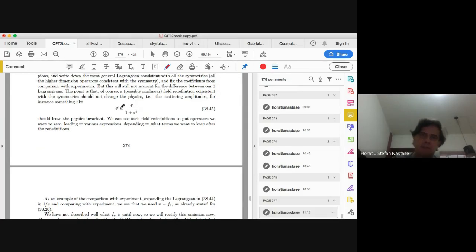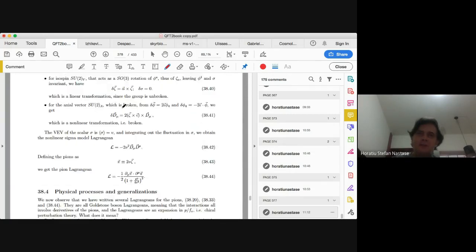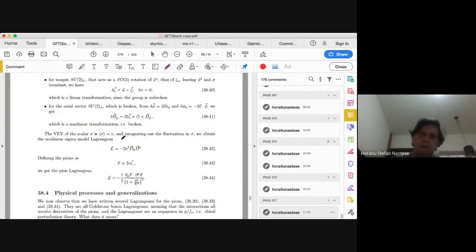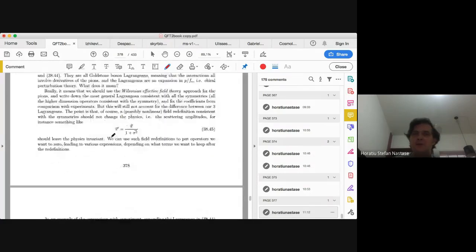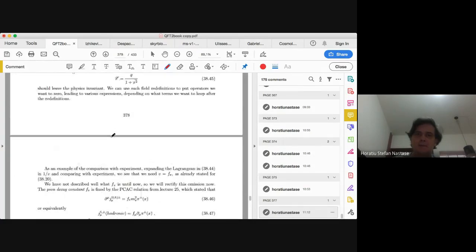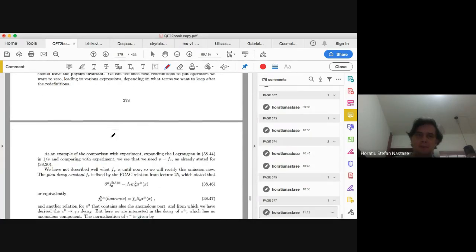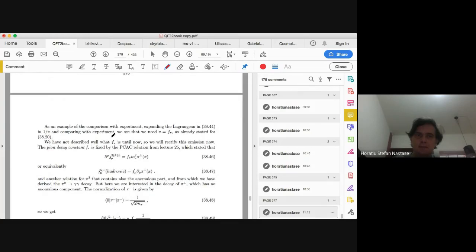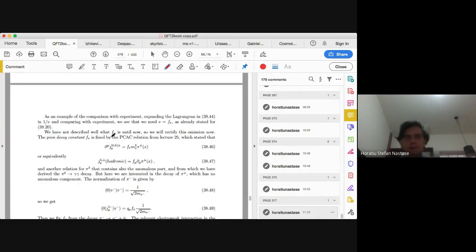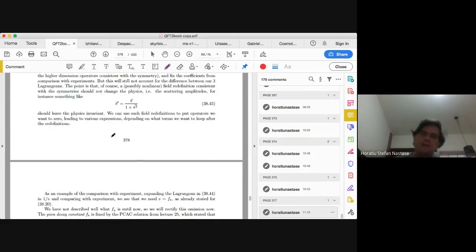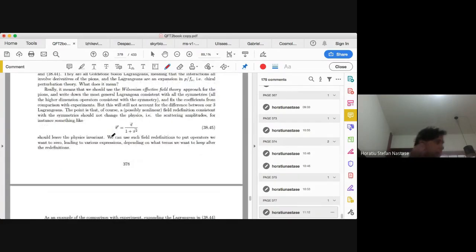So by doing this, we will get all sorts of different Lagrangians. So in principle, there's a field redefinition that should take us from one to another. Then, of course, one can only fix as much as we can.